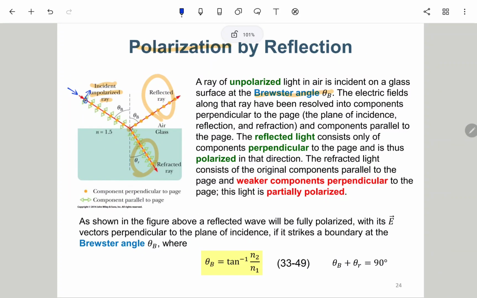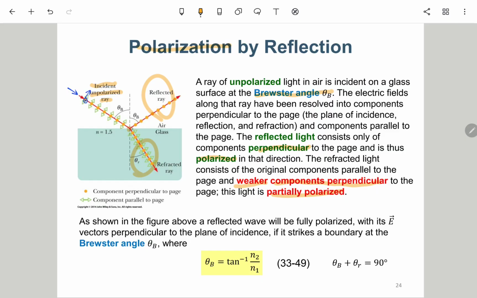So the reflected light consists only of component perpendicular to the page, and is thus polarized, perpendicular to the page. And then the refracted light has a weaker perpendicular component, so-called partially polarized.